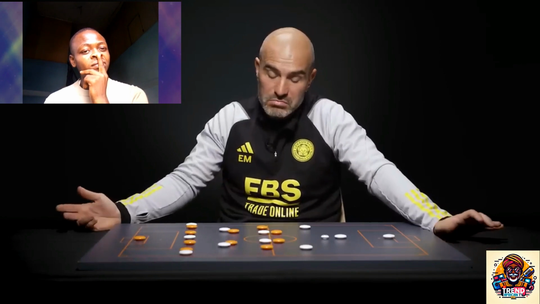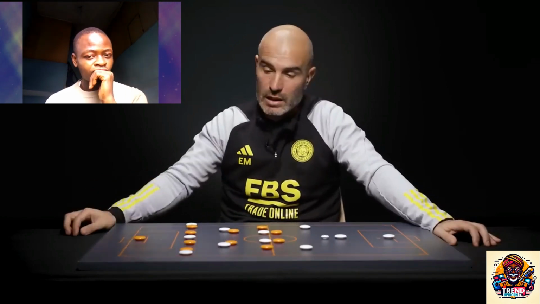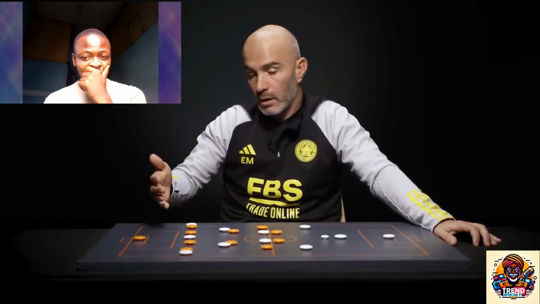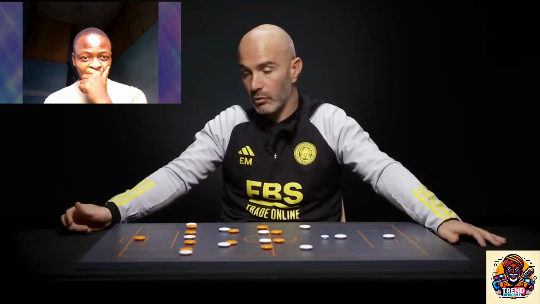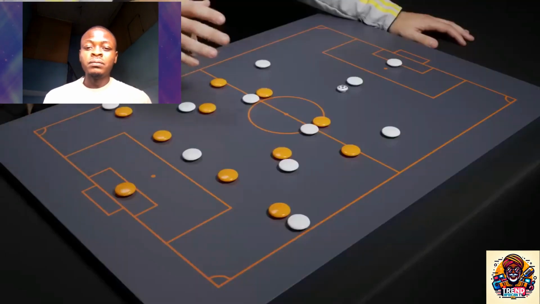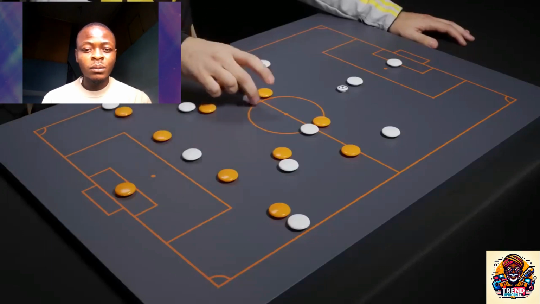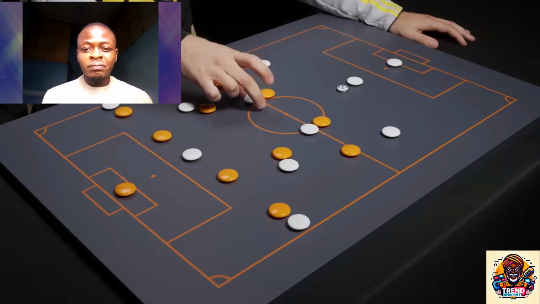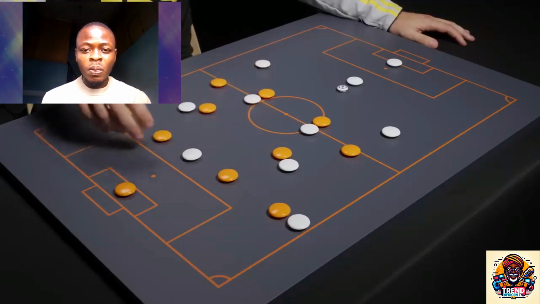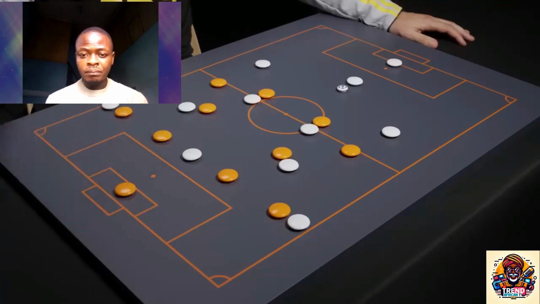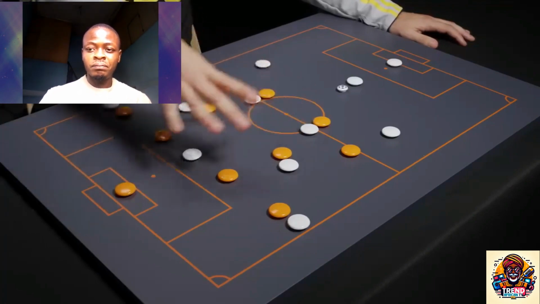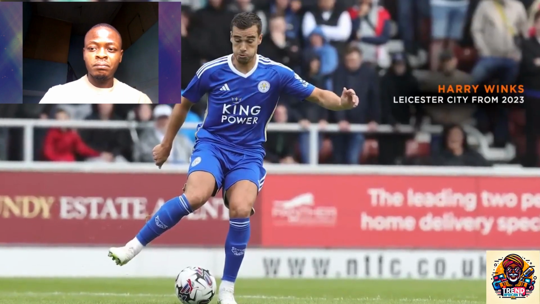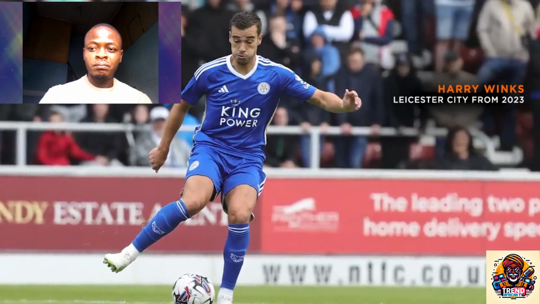But since we started using this solution, it's giving us for sure the control of the game, and for sure more players inside so we can create more danger. And in our case, in this moment, Ricardo Pereira is the player that is going inside. He already gave this year many assists to his teammates in terms of goals, chances, penalties, because most of the time when these two guys decide to drop, players with quality like Harry Winks and Ricardo in this moment are giving us this solution.